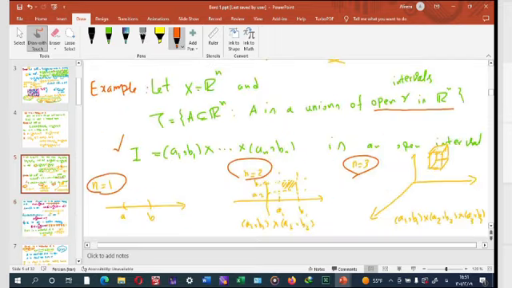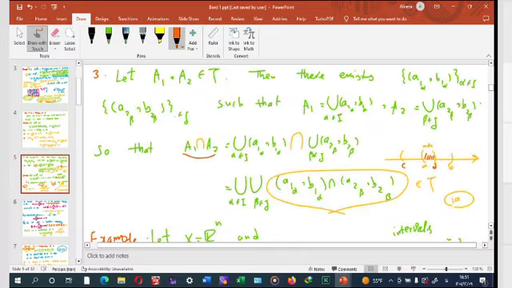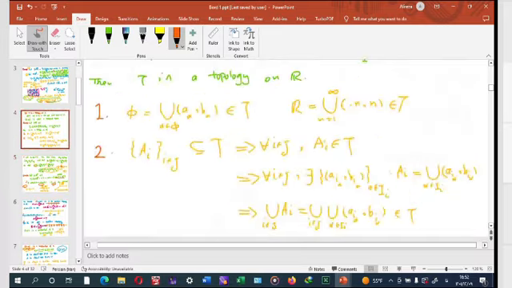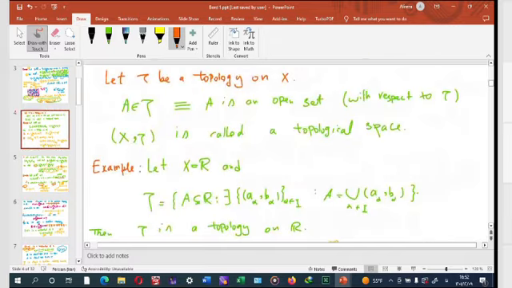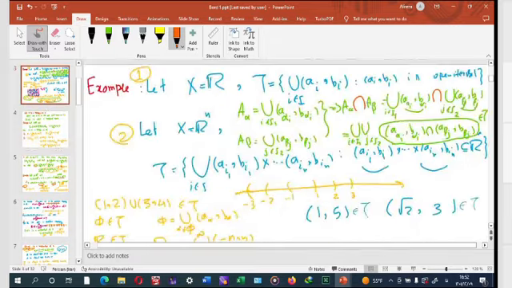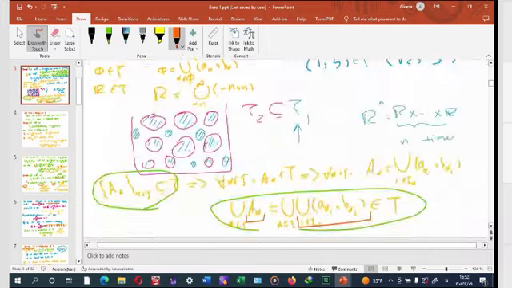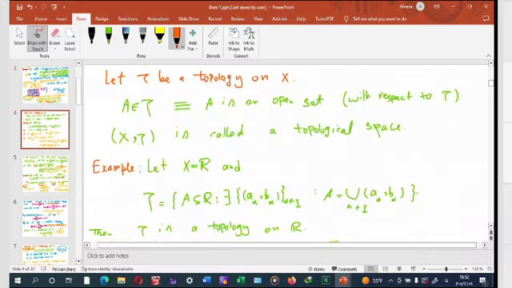Because we know that tau is the set of all subsets of R with this property, all unions of open intervals, or the set of all subsets A of R that can be written as a union of open intervals.